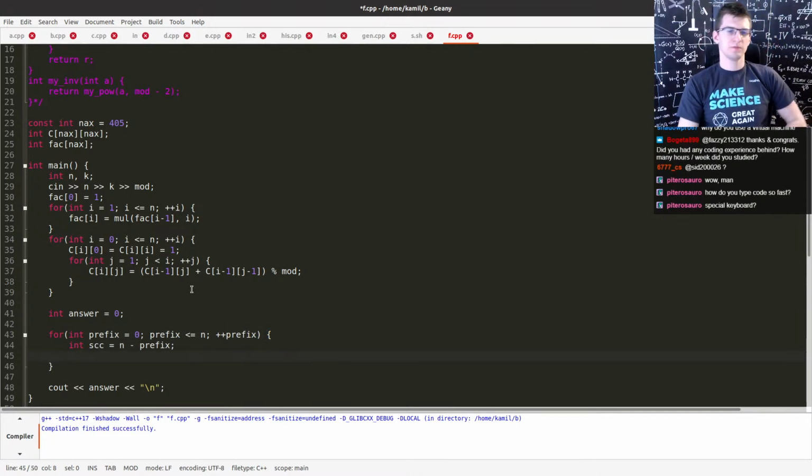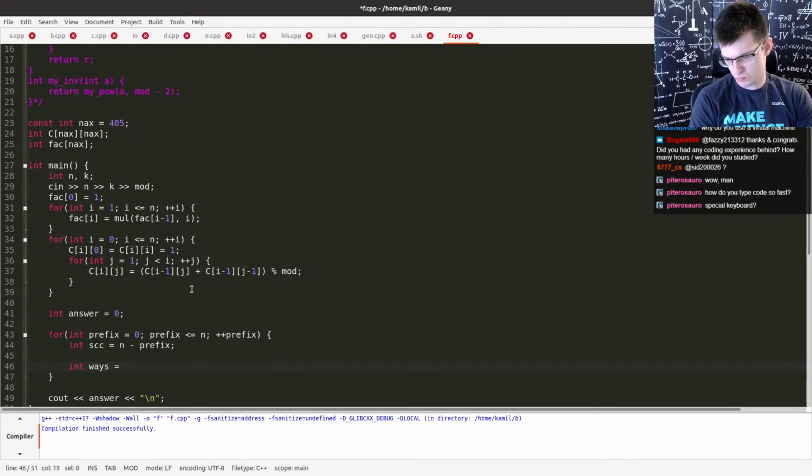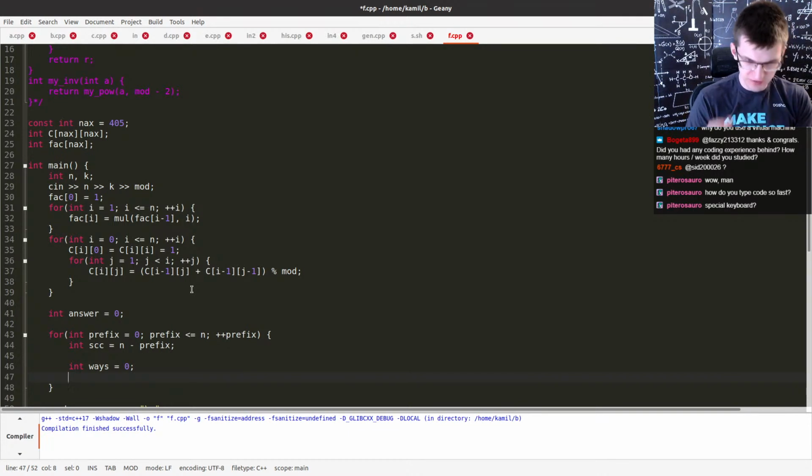There is some number of ways to choose vertices for prefix, and then what happens with SCC? Let's focus on SCC first. Let's assume that there is nothing else, there is just SCC.